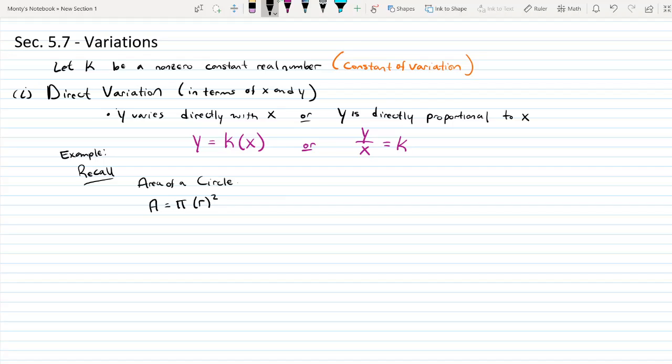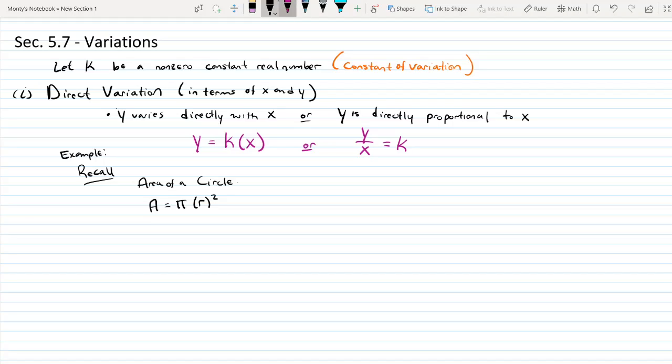Or if you're given the area, you know that it's going to be pi, 3.1415, times whatever the radius of the circle is squared. It looks very similar to this, where y and x may change, but you're always going to have this constant. In this case, it's pi.